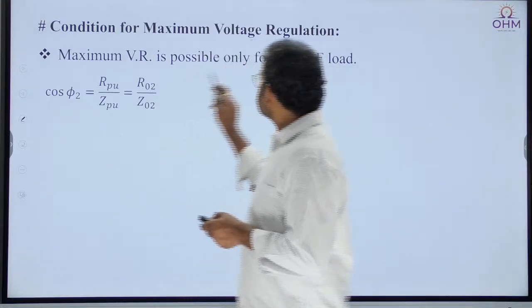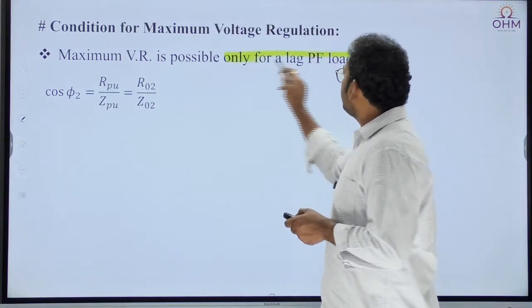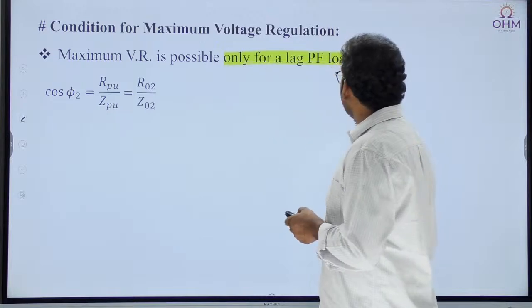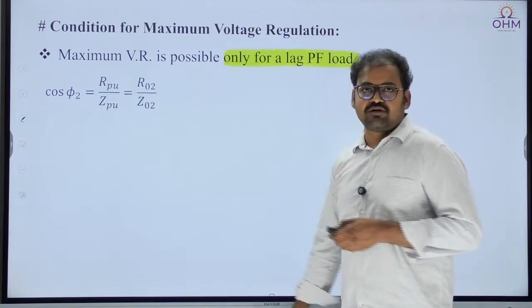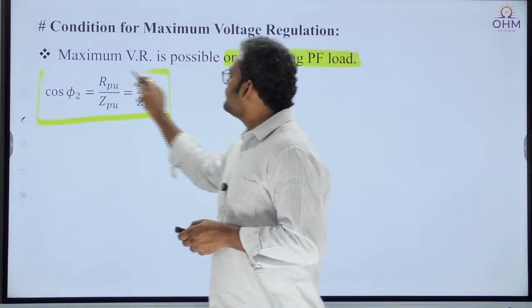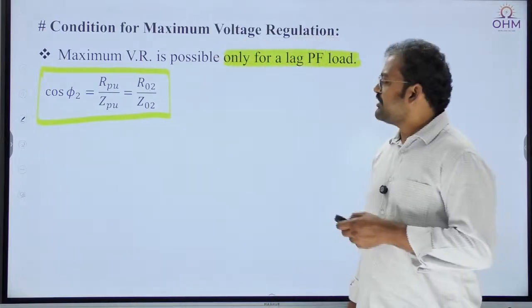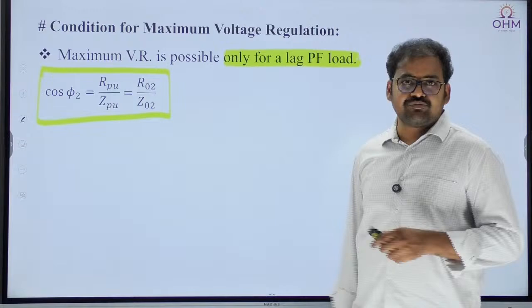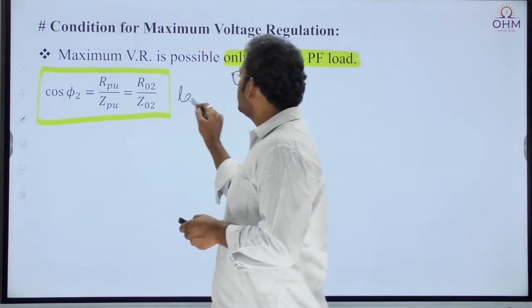Maximum voltage regulation is possible only for a lagging power factor load. Remember, not all lagging power factor loads, a particular lagging power factor load. And what is the formula? Lagging power factor cos phi 2 is equal to R per unit by Z per unit, or R02 by Z02. The important thing is this is lagging.